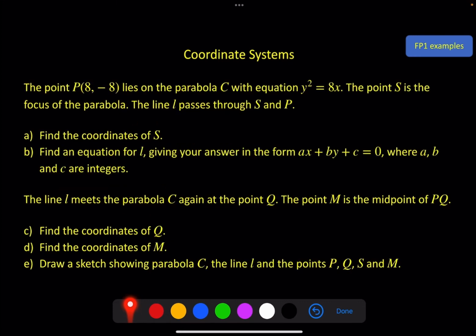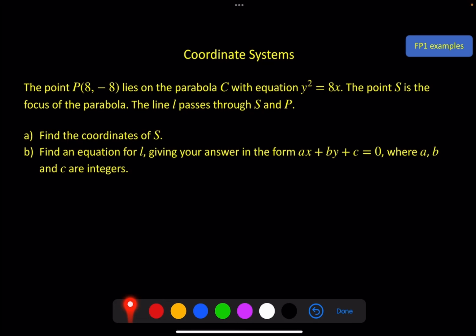It looks like a big example, but each part is not too bad. The point P, (8, -8), lies on the parabola C with the equation this. And remember that immediately tells us the a value. The point S is the focus of the parabola. The line L passes through S and P. So P is on the parabola, S is not on the parabola, it's the focus, but the line goes through both of them.